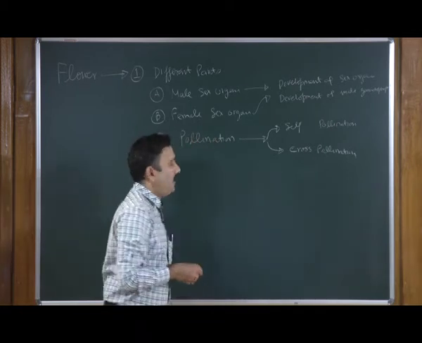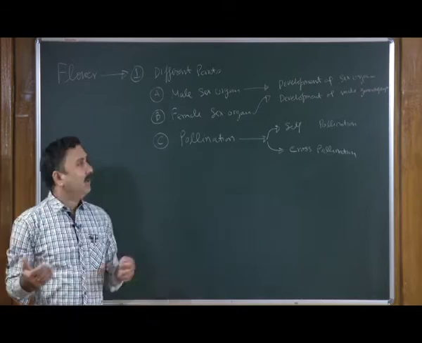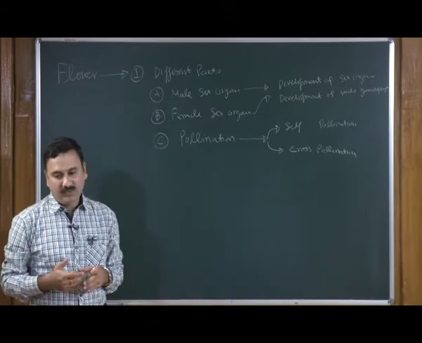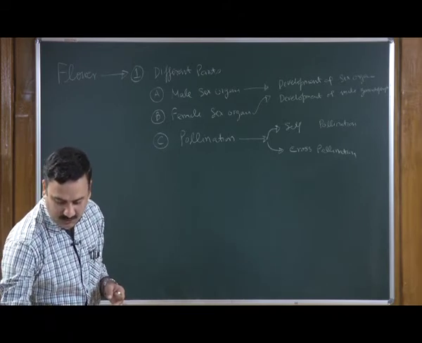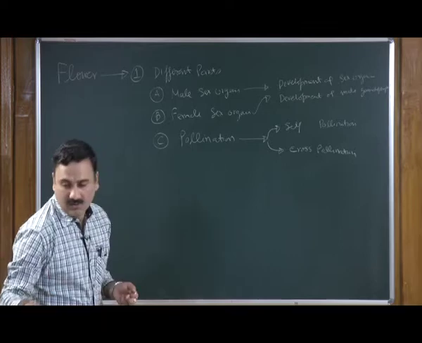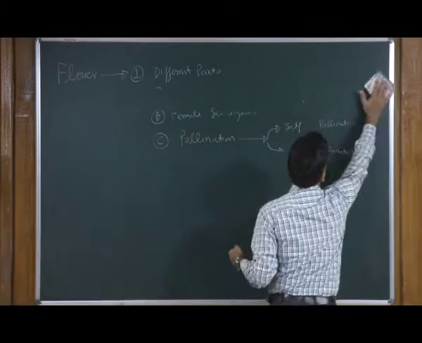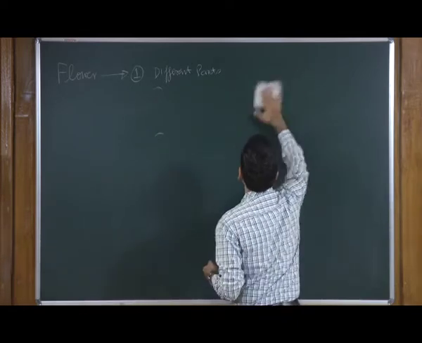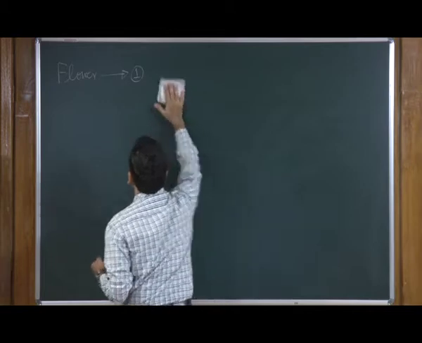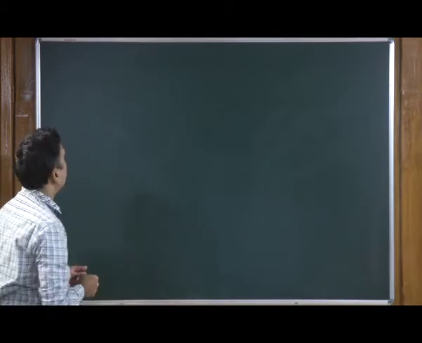Now today we are going to start with this. In an event of sexual reproduction, the male sex organ forms the male gametes, and the female sex organ develops the female gametes, and then these two gametes come together.